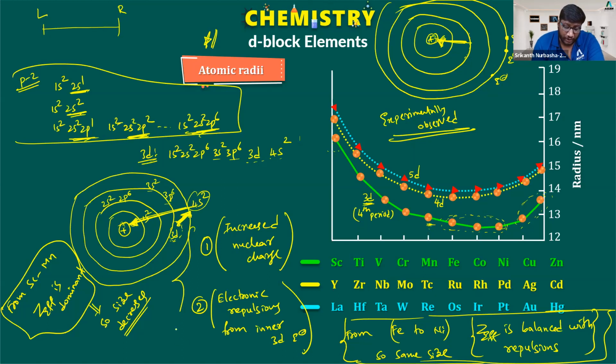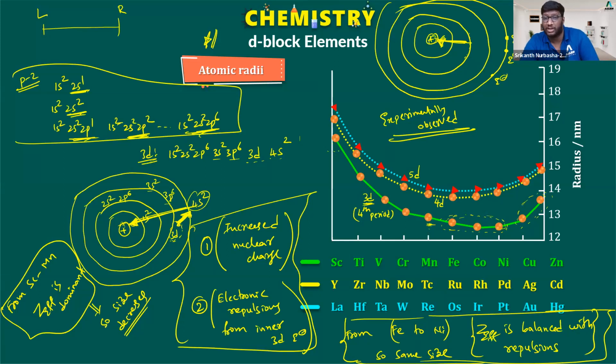So these are the two factors: the increased nuclear charge, and the inner electrons repelling the outermost electrons. Because of these two factors, the size will be decreasing from scandium to manganese.